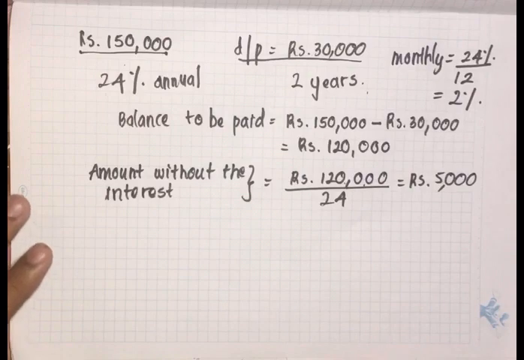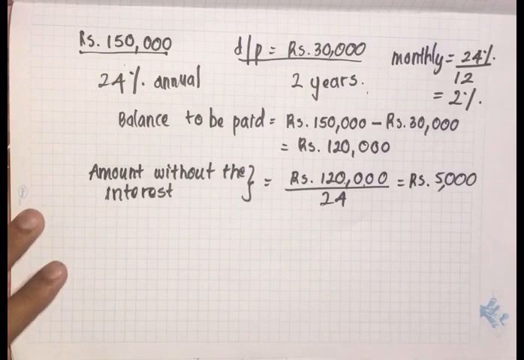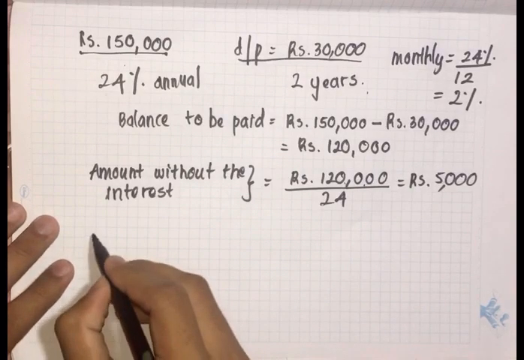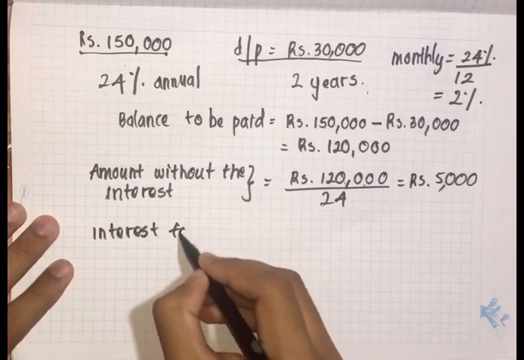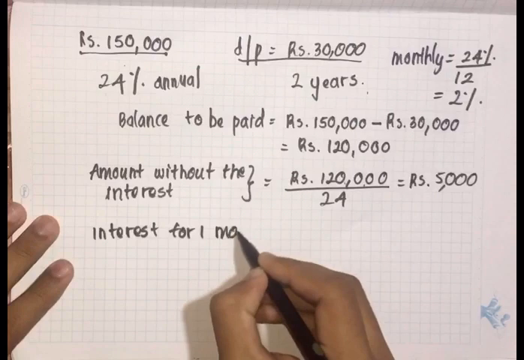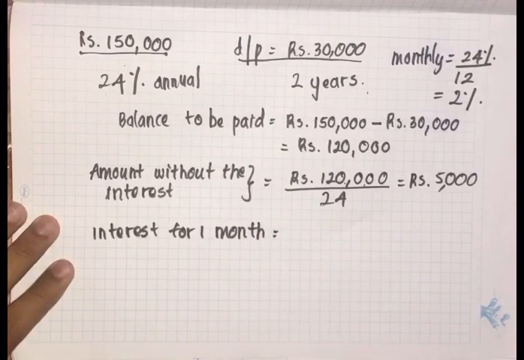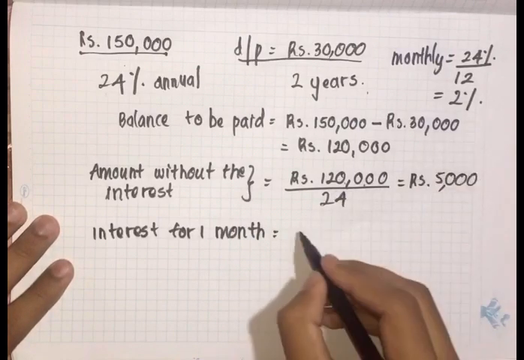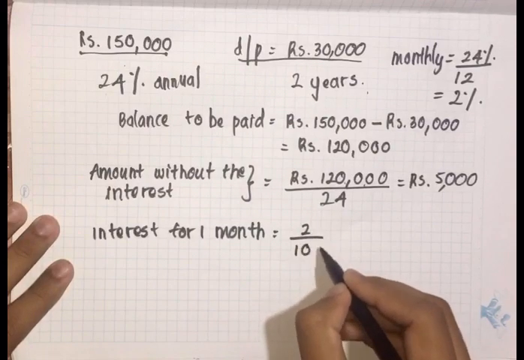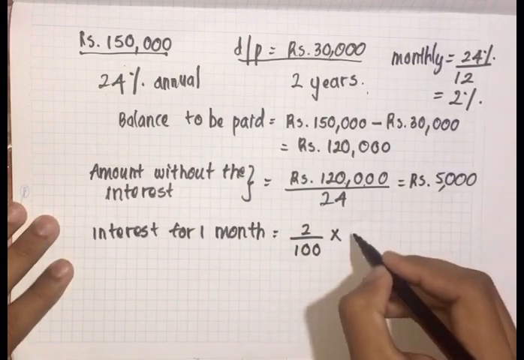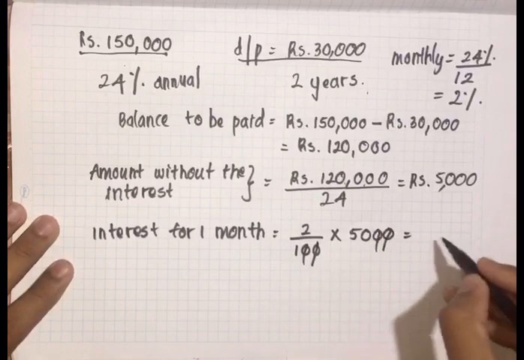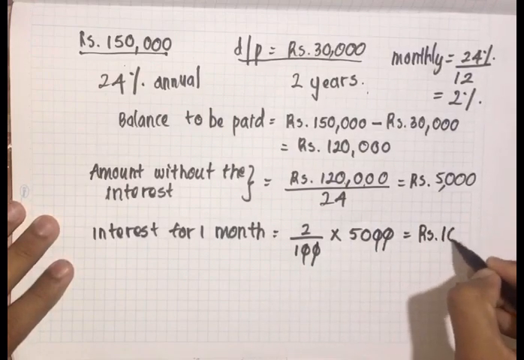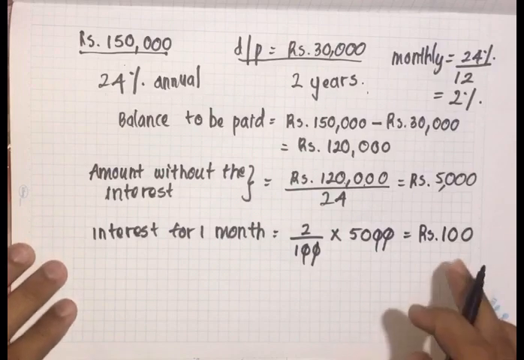Therefore let us find the interest for 1 month. For a month, 2 is for 100, so how much for 5,000? That gives you 100 rupees for 1 month.